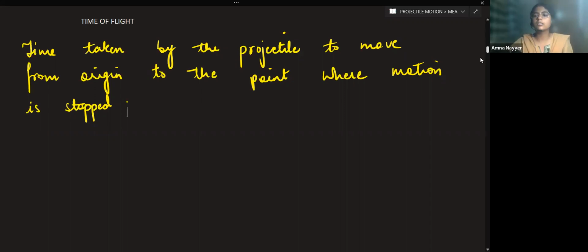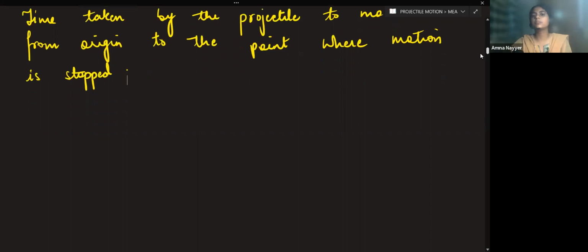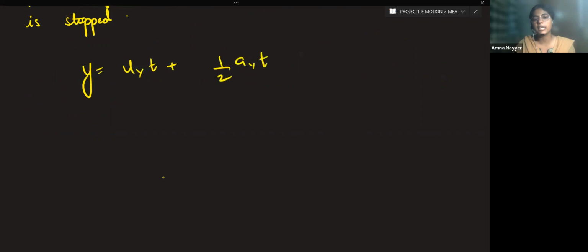That is what is meant by time of flight, and that is the difference between time of flight and the normal time you have studied. So see, what was your equation along the y-axis? Uy t plus half ay t square. Now here, if the particle starts from this point and lands at this point, whenever your projectile is landing, will there be any motion along the y-axis?